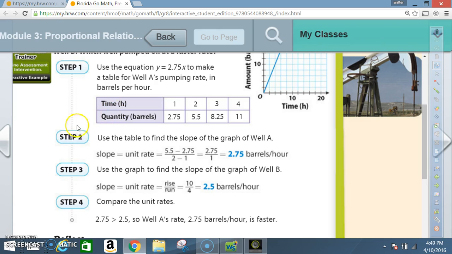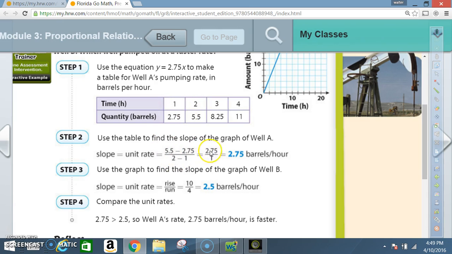All right, now that we made the table, we're going to use the table to find the slope of the graph of well A. Slope is equal to the unit rate, and we already know how to do this based on the previous sections. So we say 5.5 minus 2.75, over, remember that's our Y value, over the X value, which is 2 minus 1.